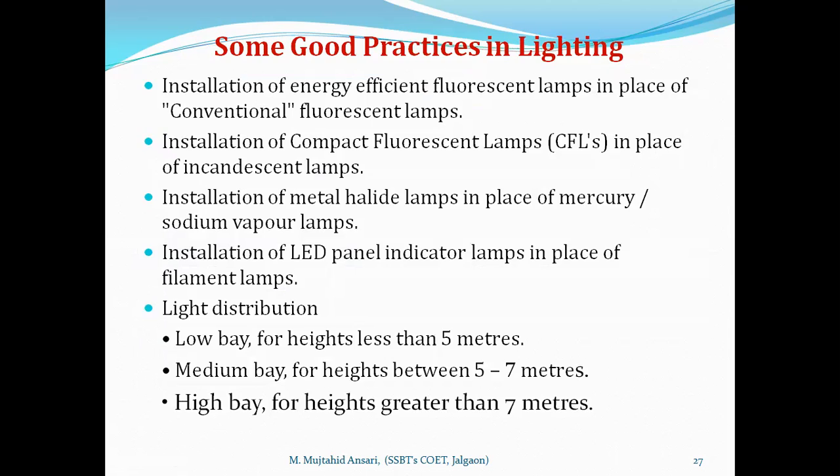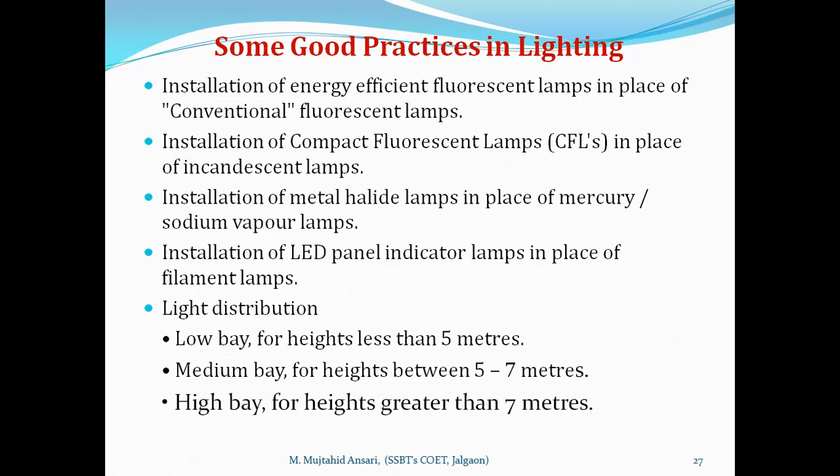Mercury vapor lamps and sodium vapor lamps can be replaced by metal halide lamps, or nowadays LED lamps, because LED lamps are available as projector lights, or high mast lights also.